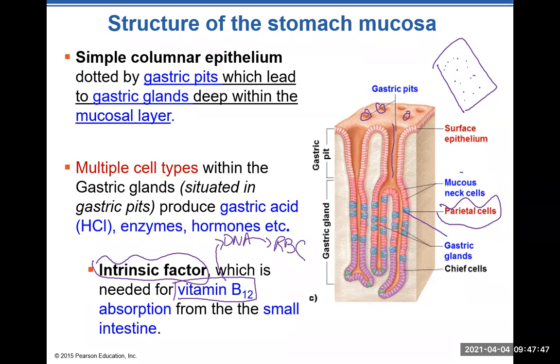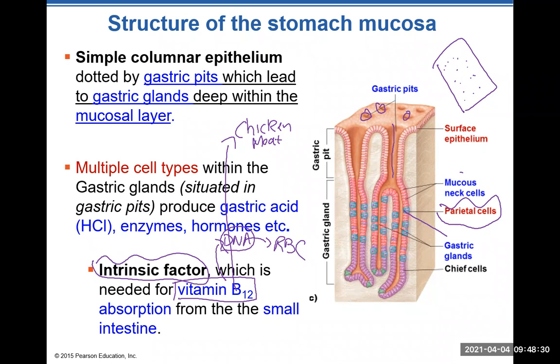If you don't eat vitamin B12, your RBCs will not be able to divide their DNA. This vitamin B12, I told you, is present in meat, chicken, milk, egg. So when you have fewer RBCs, obviously it will cause pernicious anemia, isn't it?